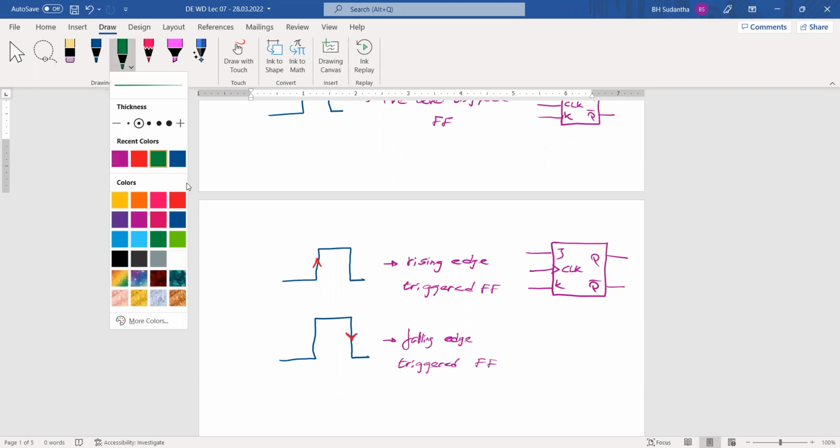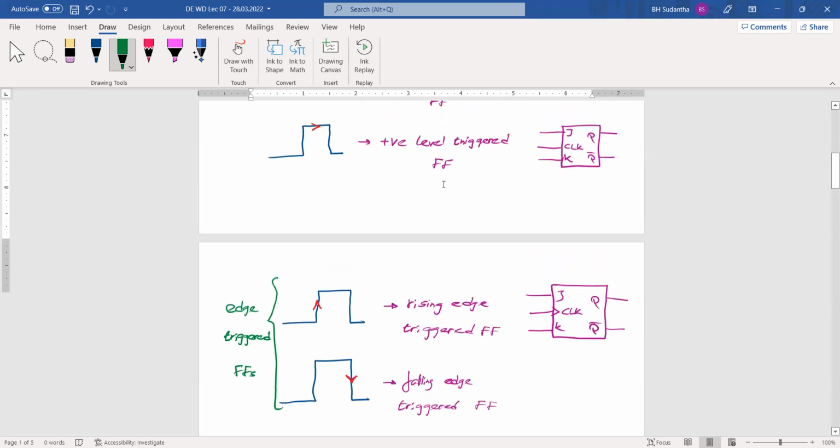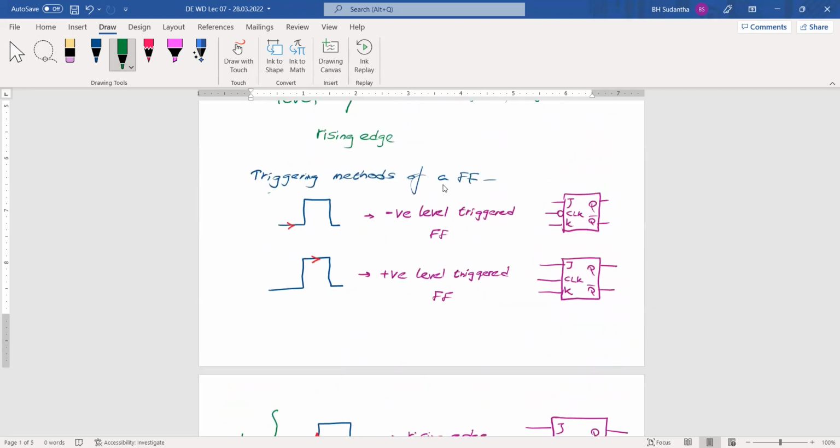You can see these are edge triggered flip-flops, and they are level triggered flip-flops.